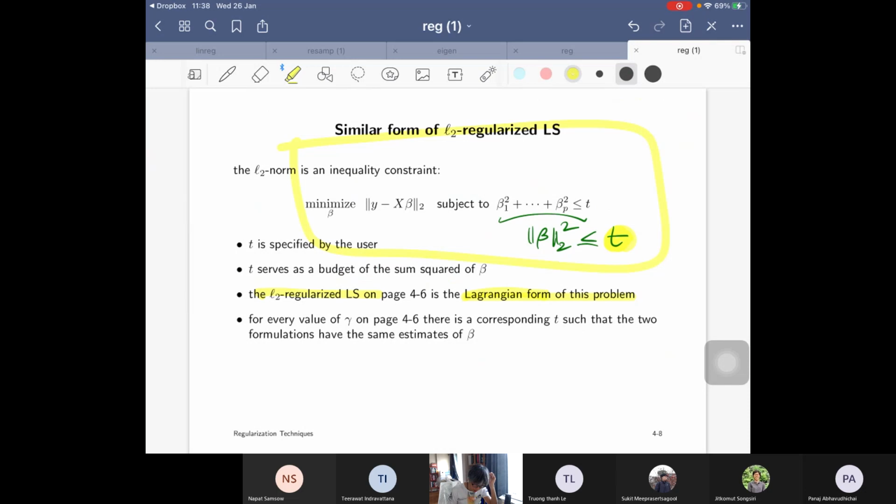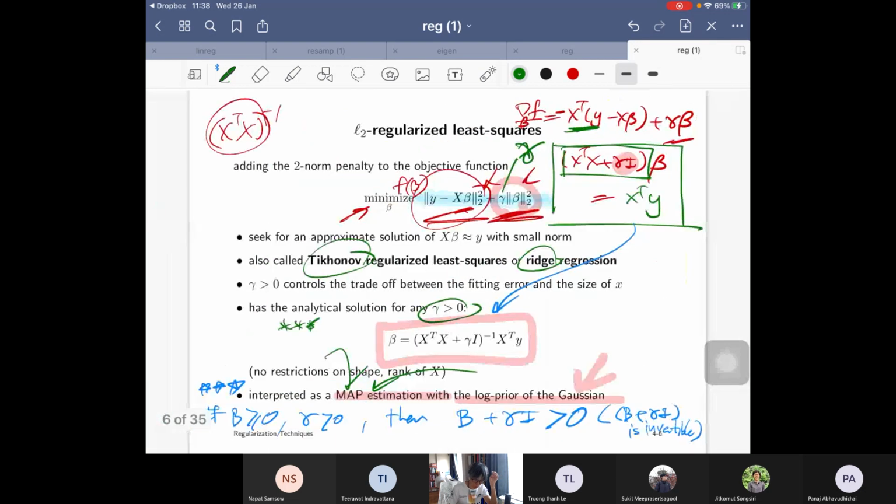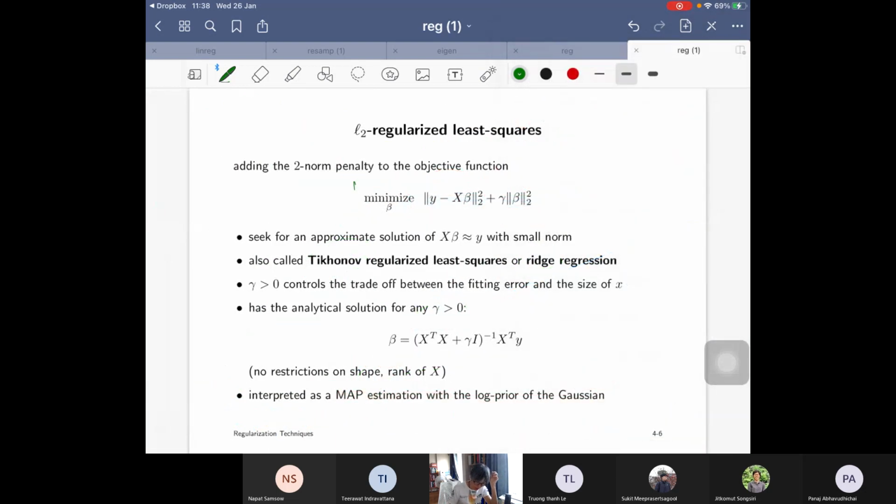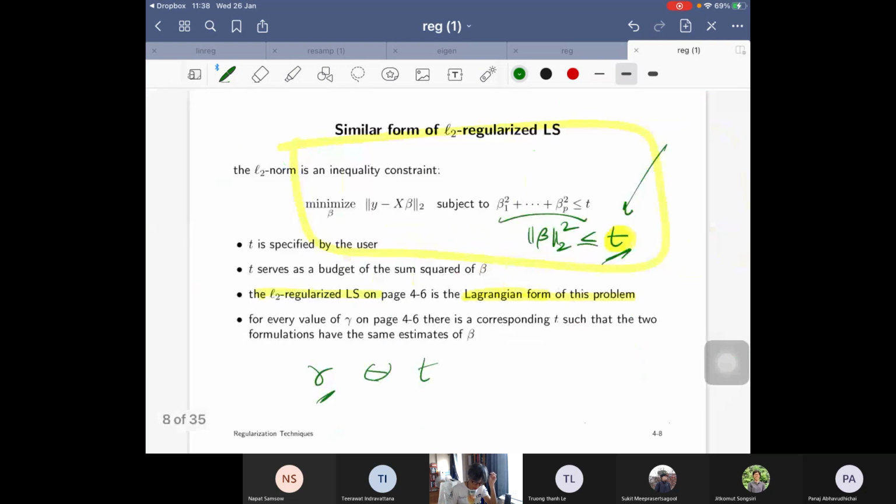There's going to be some correspondence: these gamma and these t form a pair. If you use this formulation with this value of t, it's going to be equivalent to solving this formulation with a value of gamma. So it's just two forms, all right? But t and gamma are not the same values.